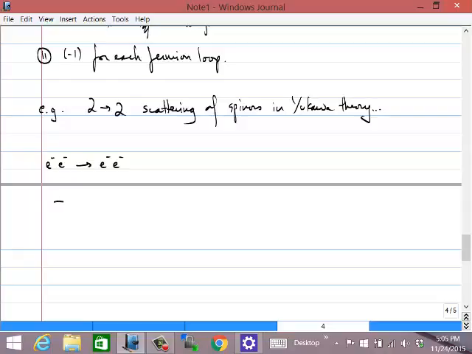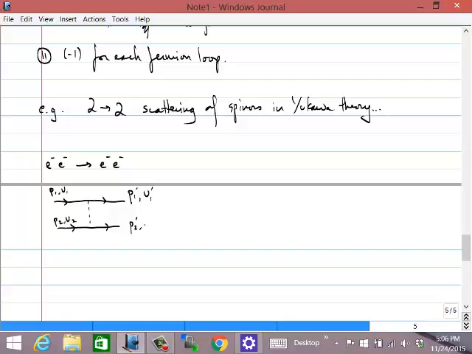Let's say that the incoming particles have momentum P1 and P2, along with polarizations U1 and U2, and that the outgoing particles have momenta P1 prime and P2 prime, along with polarizations U1 prime and U2 prime.